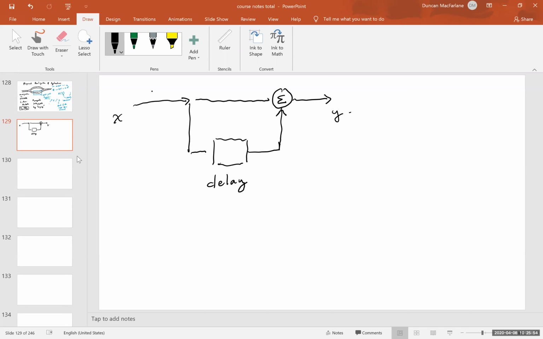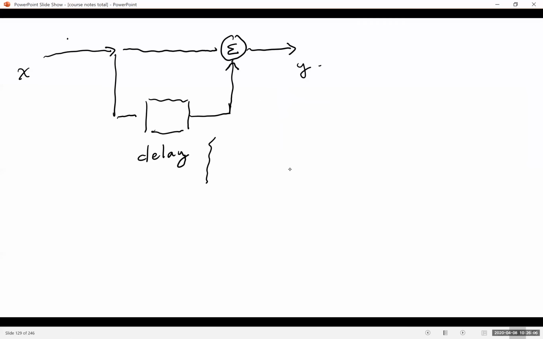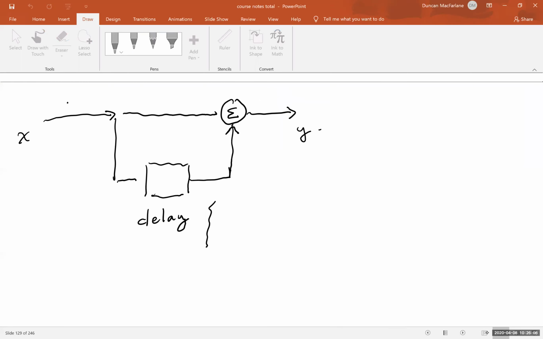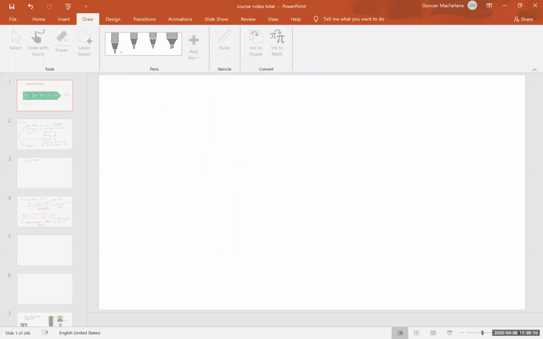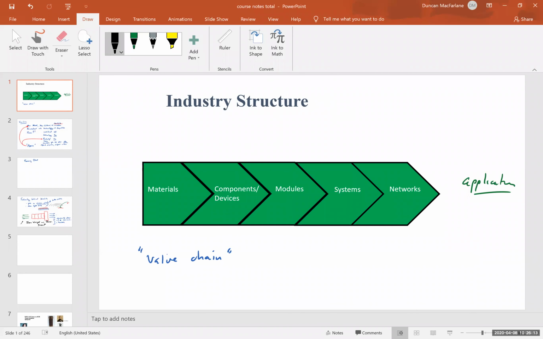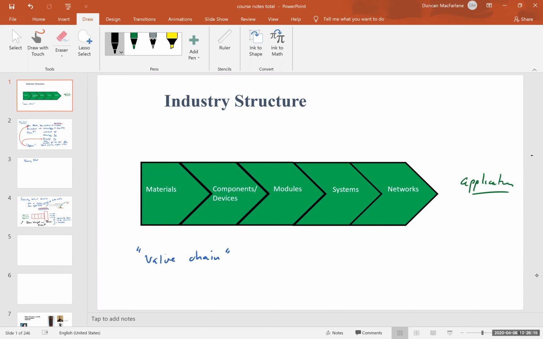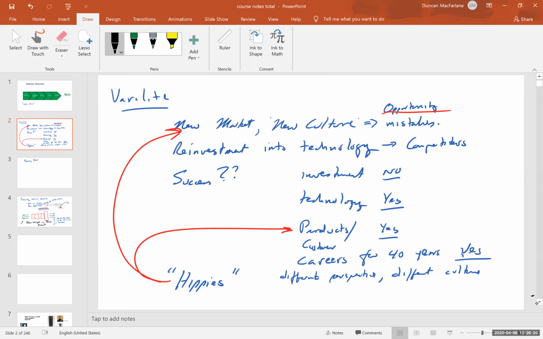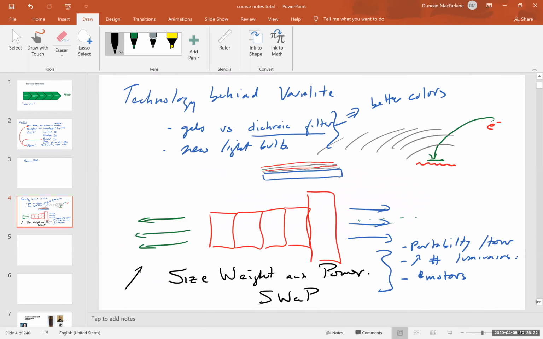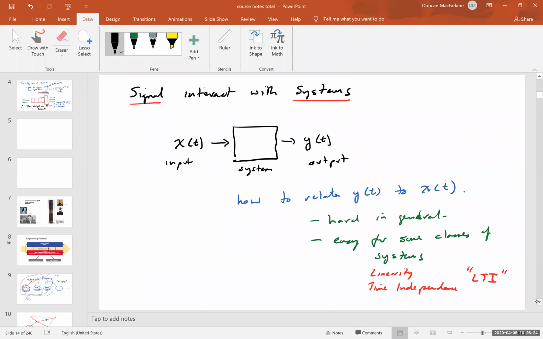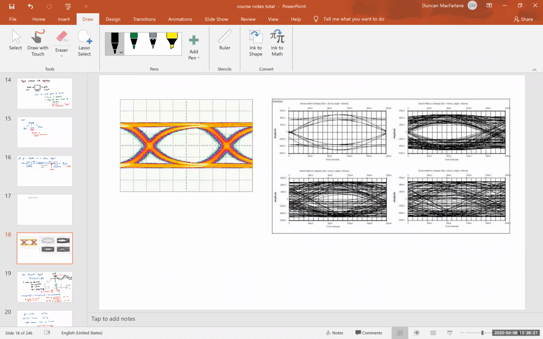And I can write that delay in a variety of ways. One way I can write it is using Euler's relation.